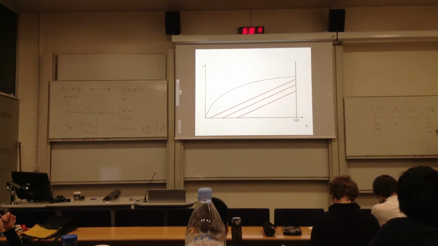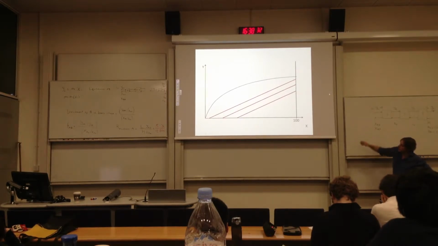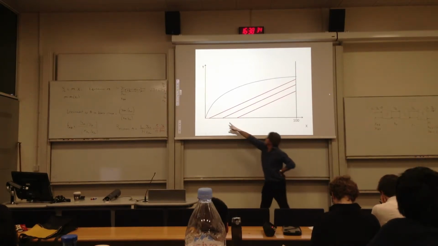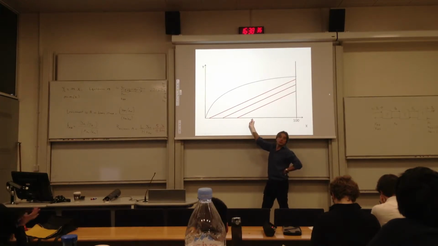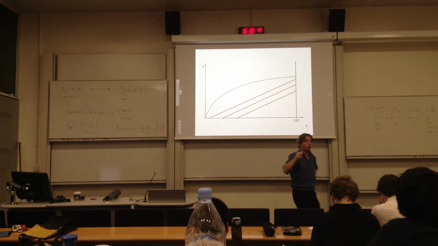Here I know XA is 100, but I don't know Y1. Here I don't know either, same as here, X2 and Y3. And at this point, well, I know this is 0, so it will be, for example, that point there, but it could also be this point, or any point around here. So I don't know a point, I just know the slope.